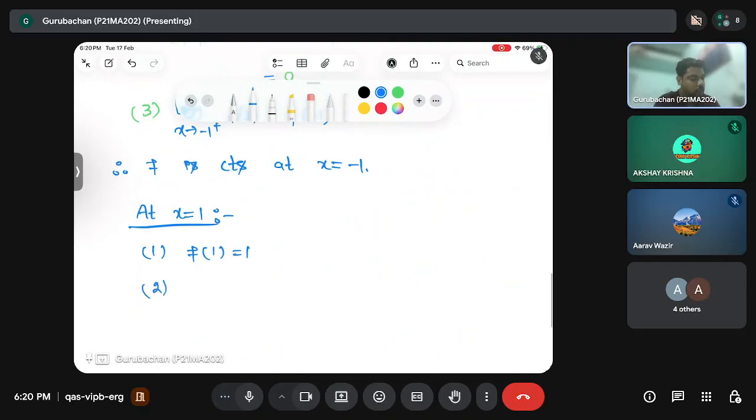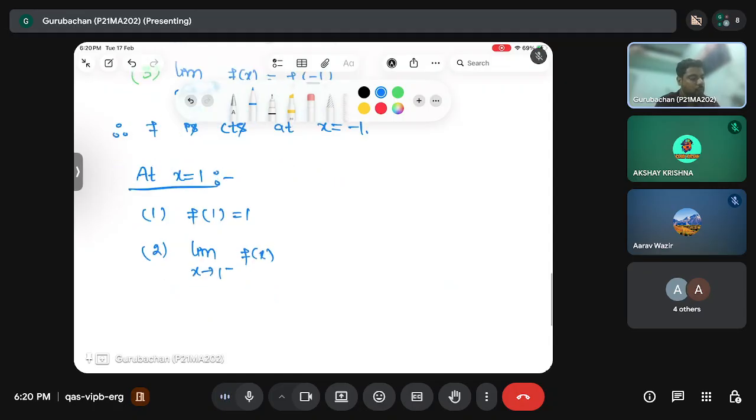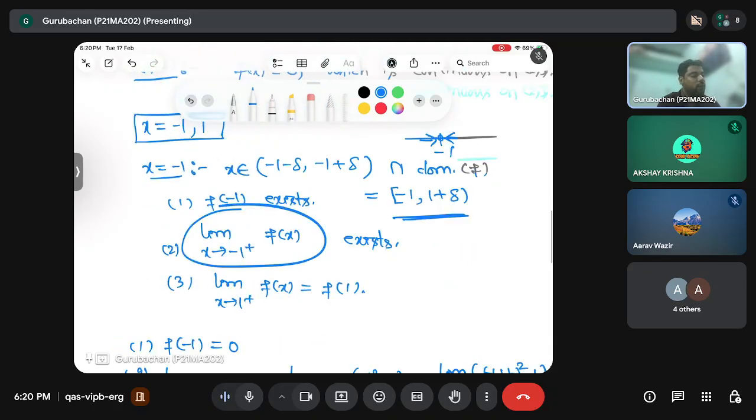Second, limit x tending to 1 minus. Since we have both sides of the neighborhood in the domain, we have to calculate explicitly what is limit 1 minus and limit 1 plus. You understood why I am dealing with both sides of the limit?